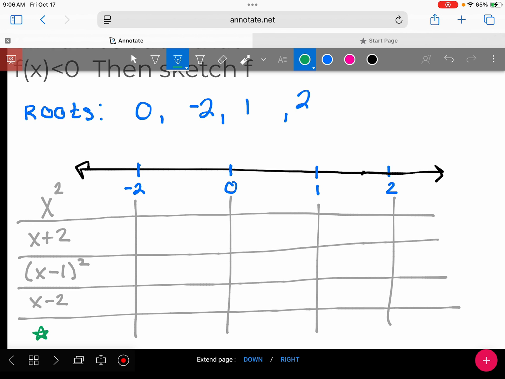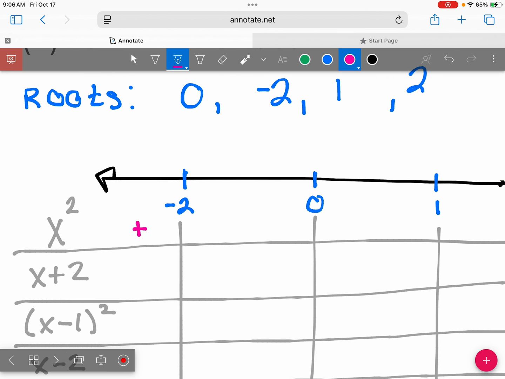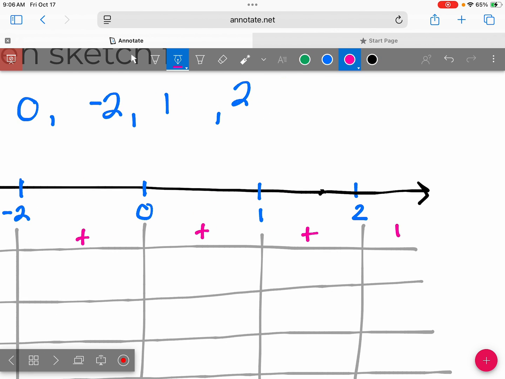A couple of these are going to be really easy to fill in. Because x squared is going to have what sign? Positive. Every single time. No matter if my x's are smaller than -2, between -2 and 0, between 0 and 1, between 1 and 2, or between 2 and infinity, x squared is positive no matter what.